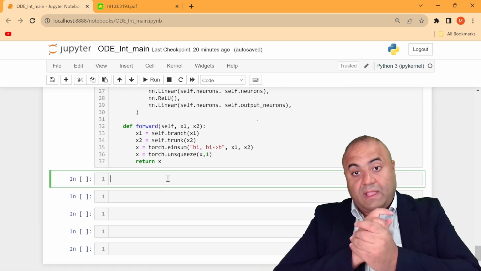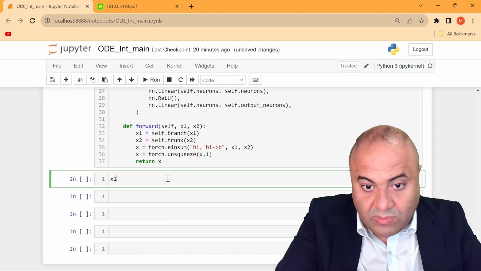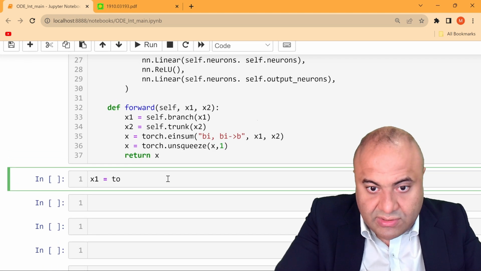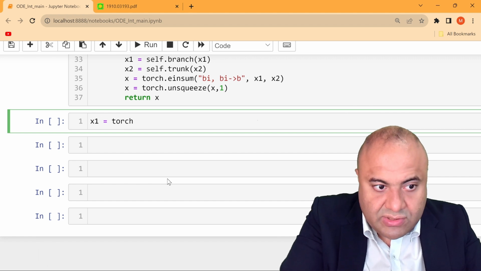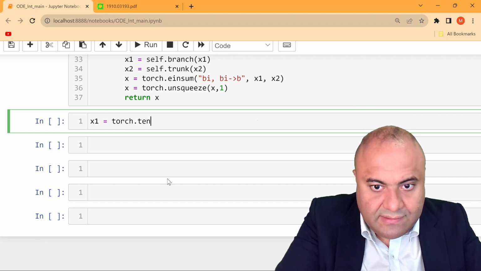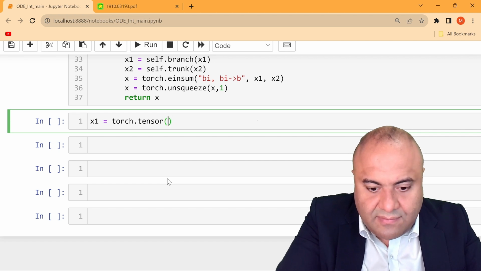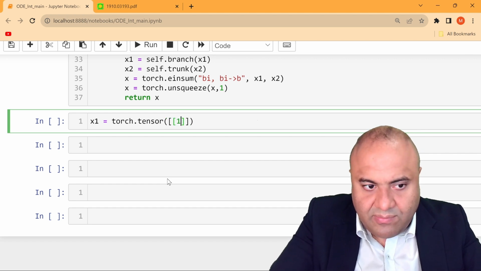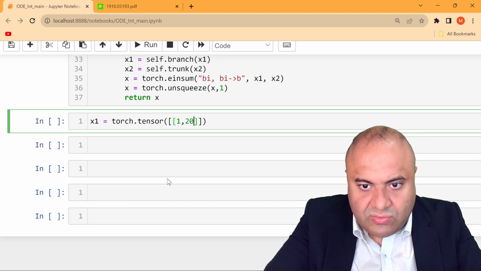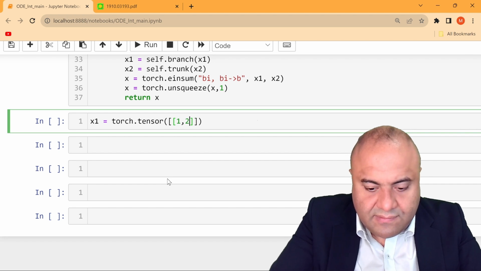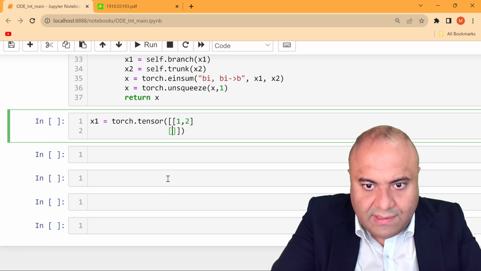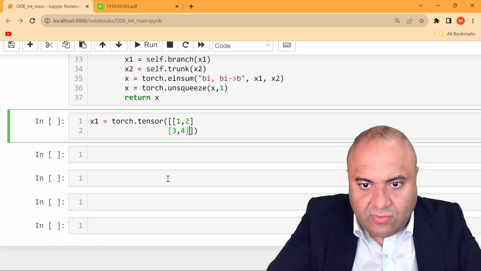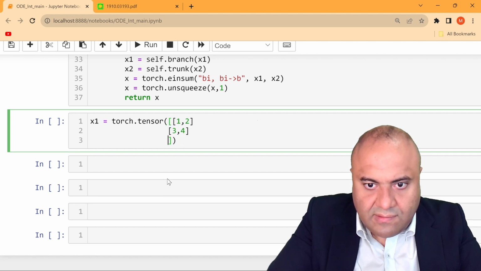So let's consider x1, a torch tensor of this shape: 1, 2, 3, 4, and 5, 6.